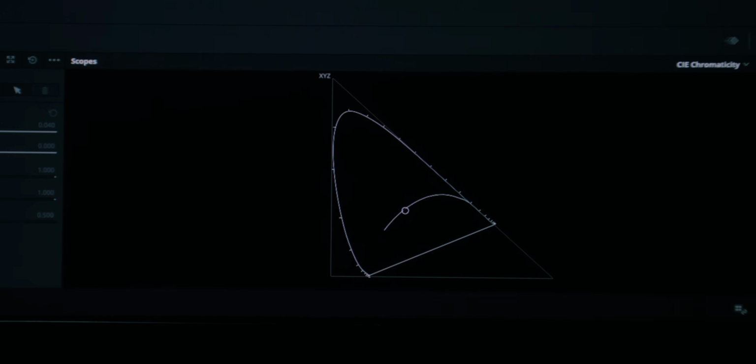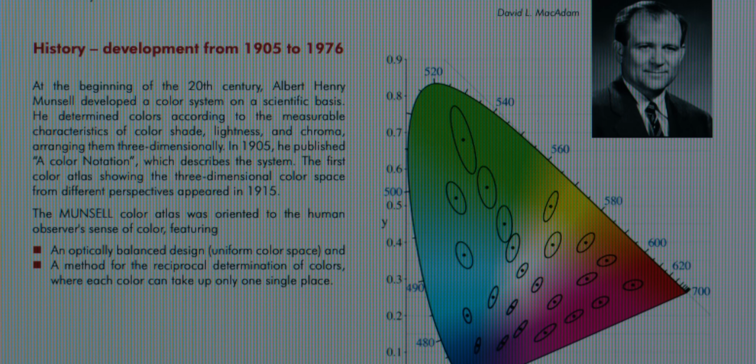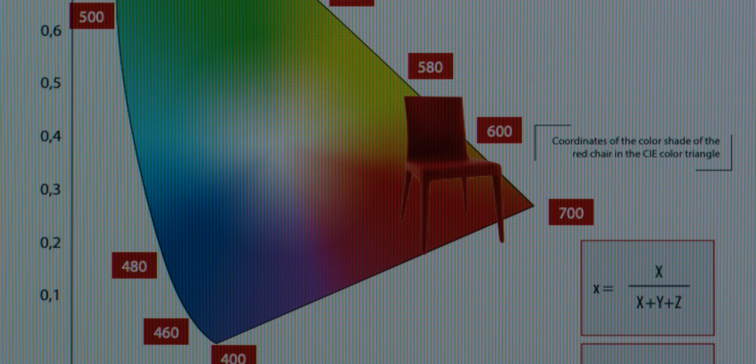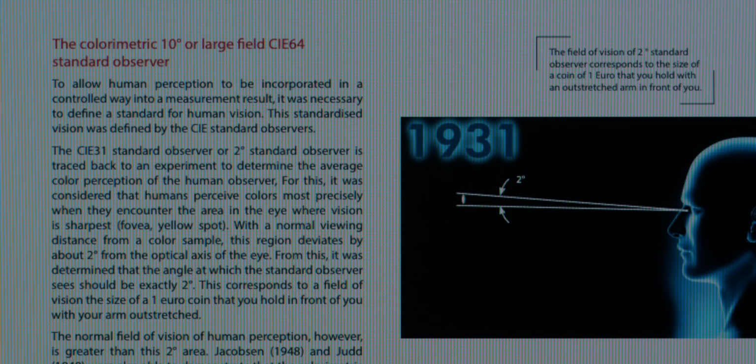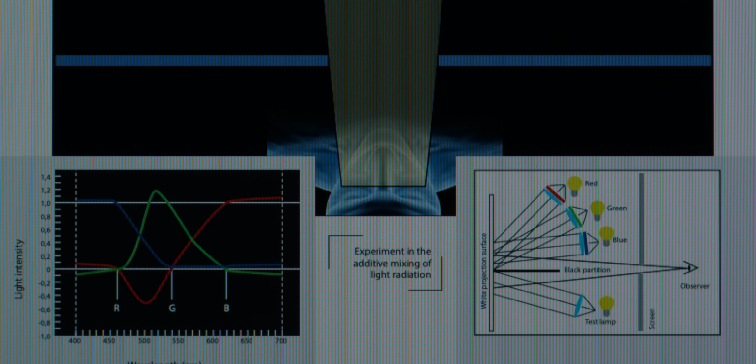This is called a CIE, designed in 1931 to represent the colors that our eyes can see when we look around us. We're more sensitive to green because we evolved in the nature.